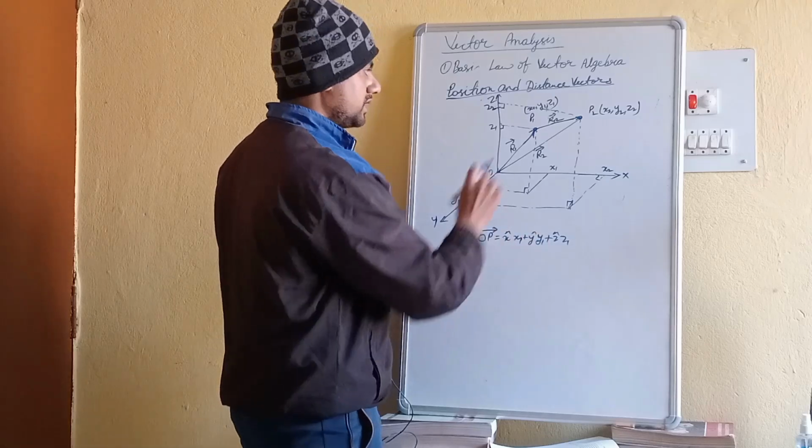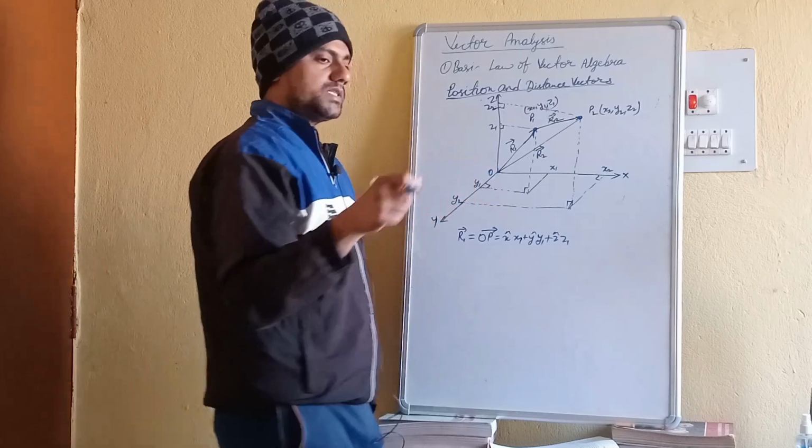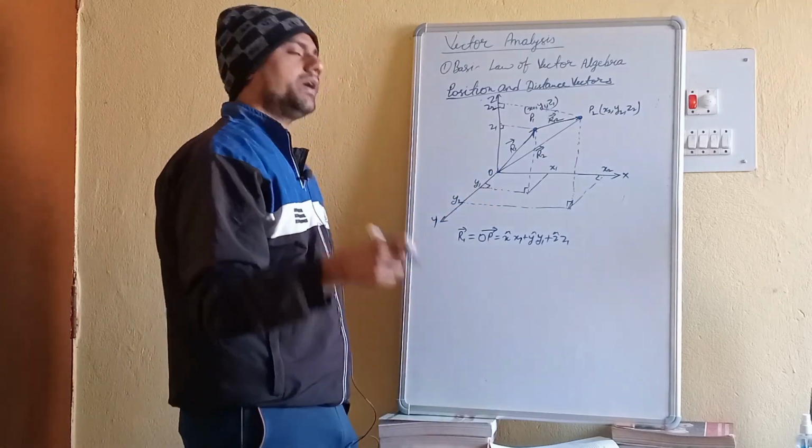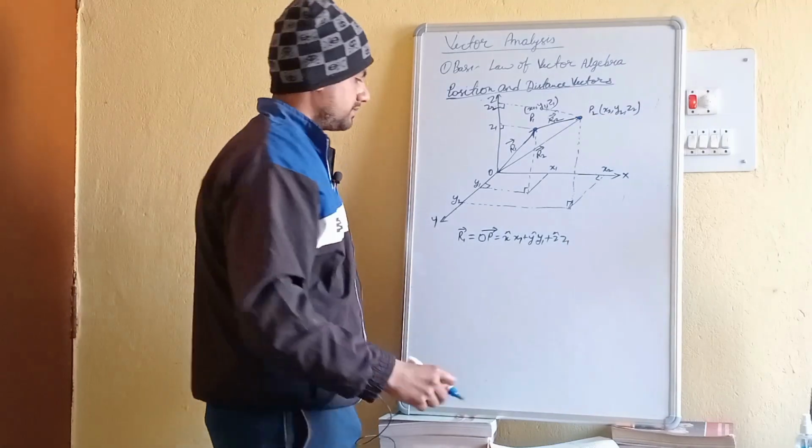Now you see r1 is the position vector for point p1, meaning this r1 represents the position of the point p1 in the coordinate system, or in space.